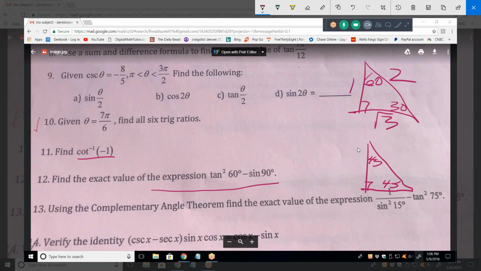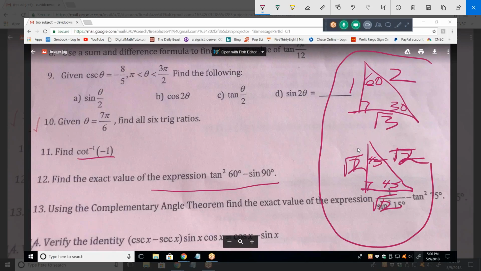Okay, whatever it takes. Your school uses square root of 2, square root of 2, and 2, same multiples. But if you know these two triangles, you will be able to figure out all of your common angles. So what's the tangent of 60 degrees?